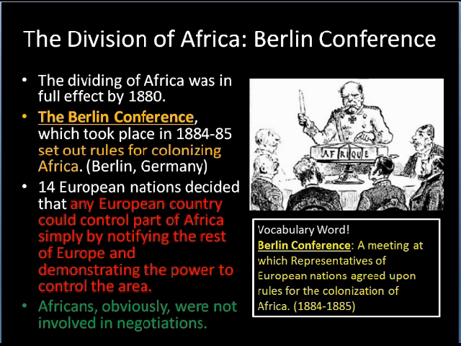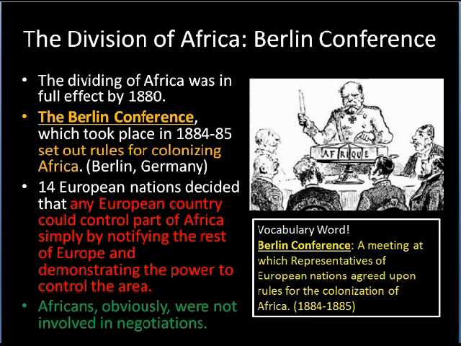The discoveries of diamonds in 1867 and gold in 1886 in South Africa increased European interest in colonizing the continent. So really no European power wants to be left behind or out of the race. And to this end, they're going to come together at a meeting called the Berlin Conference.